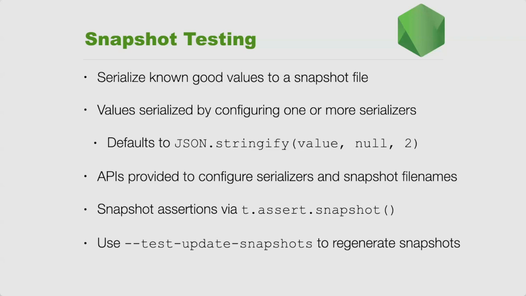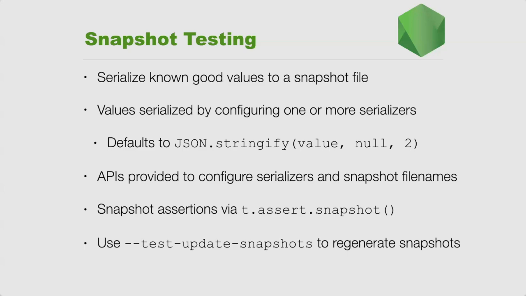You can do this on a per test, or I'm sorry, per snapshot basis, or you can do it at the process level. I have an example later on in this presentation where I'll show you how we can take Node snapshot testing and make it behave exactly the same way that Jest would.